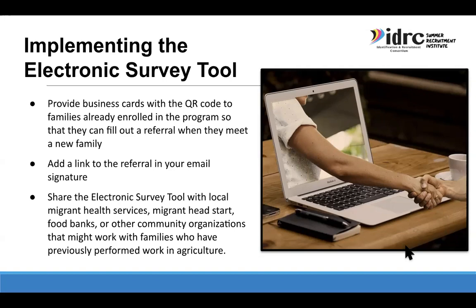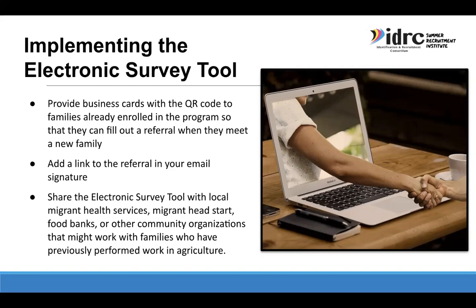You can add a link to the electronic survey tool in your email signature. My email currently has the electronic survey tool link down at the bottom so that anybody that gets an email from me will see that request and say, hey, if you know anybody that might qualify, please let us know.